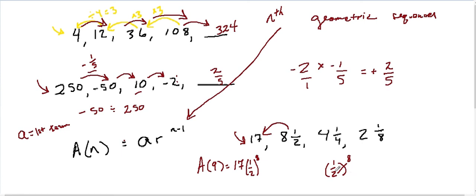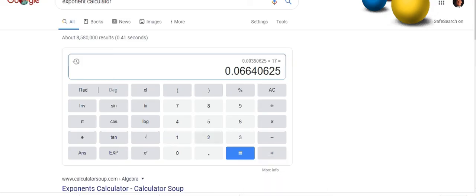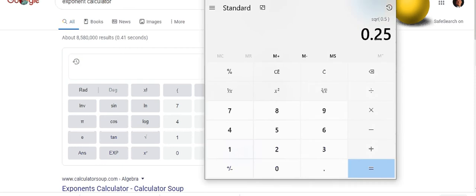Yeah, you can't just do the base times the exponent. That's not the rules of exponents. So we have to actually think about what's 1/2 times itself 8 times. Or I can just go into my calculator and do 2 to the 8th. 256. All right, so what do I do with that?